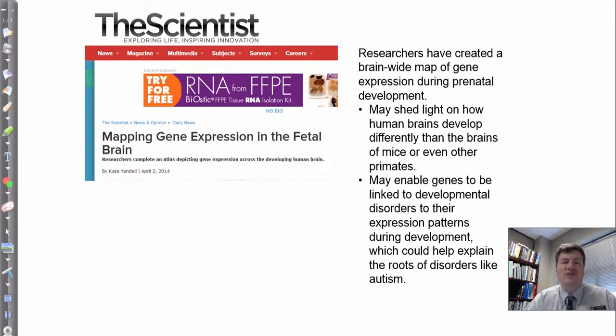They looked at which genes became active as the brain was formed. We really don't know why our brain forms the way it does and why it's so much different than other animals. So by looking at the genes, looking at the information that controls the development of the brain, we're hoping we can learn more about how the brain actually operates in the future, which could help us with things like autism or with schizophrenia or with other disorders.